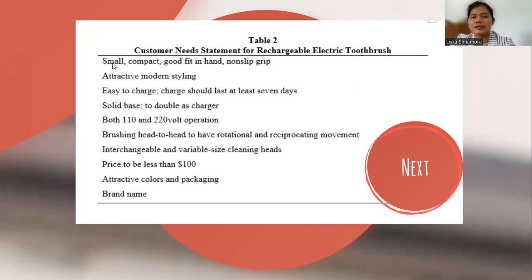And then this is the example for customer need research. So this one is about their needs for this product. As a company, you offer the product, and then you want to know what your customer actually needs about your product. So for this electric toothbrush, they gathered it through research.